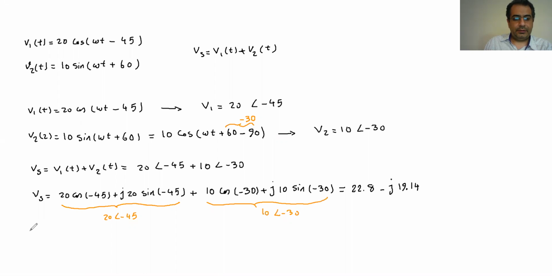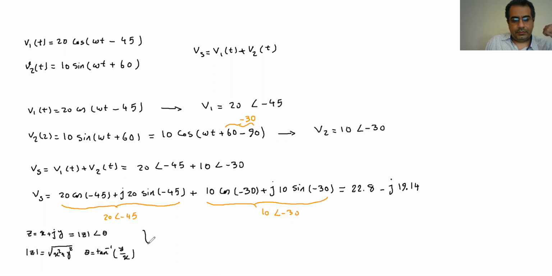If I have z equal to x plus jy, it can be written as z with angle of theta, where the magnitude of z is the square root of x squared plus y squared, and theta is the tangent inverse of y over x.